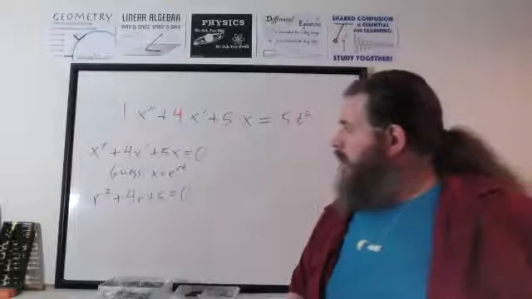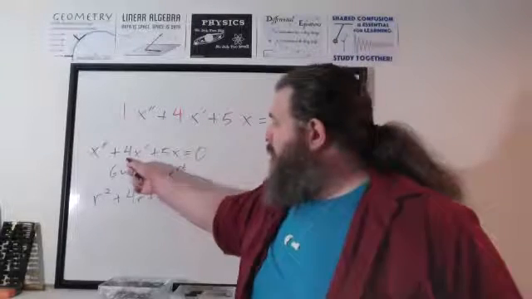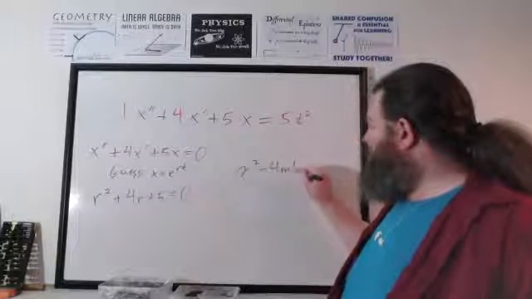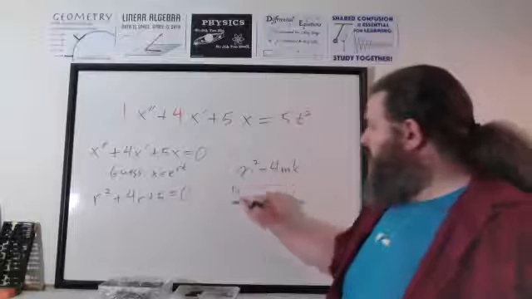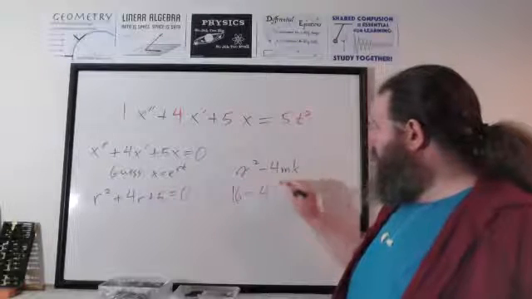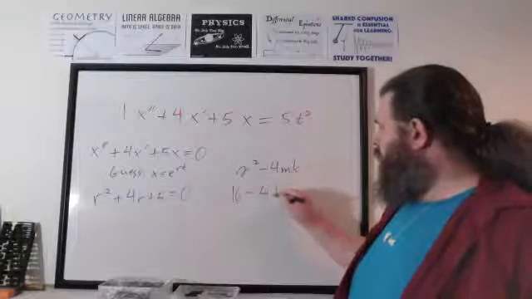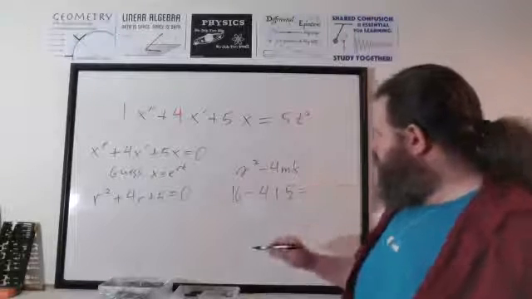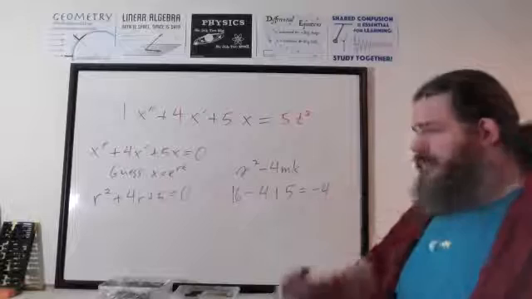Before we even do, though, if you actually calculate gamma squared minus 4mk, gamma is 4, so we get 16 minus 4 times 1 times 5, which is -4. What does that suggest?